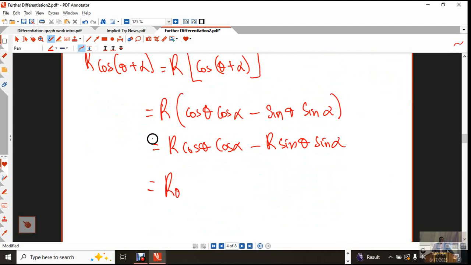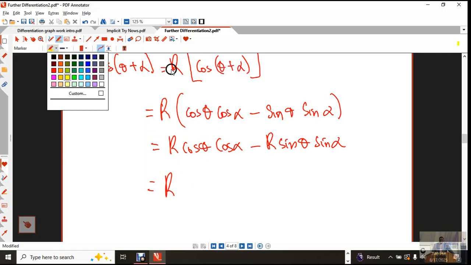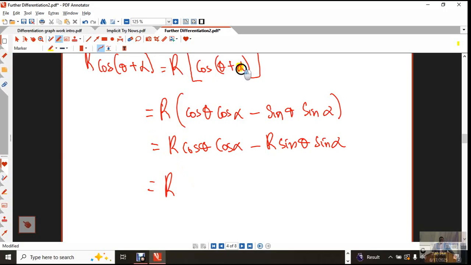I'm going to do one more thing, and that is rewrite this as R cos alpha, because alpha is an angle, something that you will have to find. So that implies that R cos alpha becomes a constant, and cos theta will be over here.